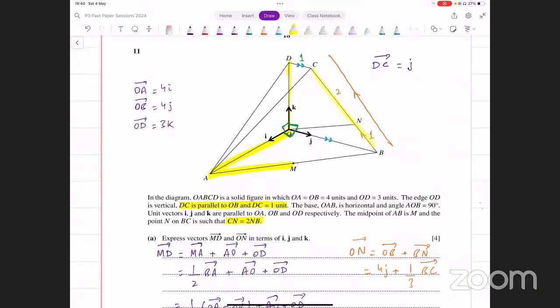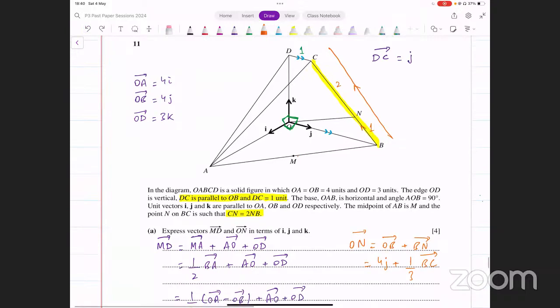If that total length is 3 units, BN is 1 out of those 3 units. So BN vector is 1 over 3 of this whole vector BC. Right? It's 1 over 3 times that vector BC.